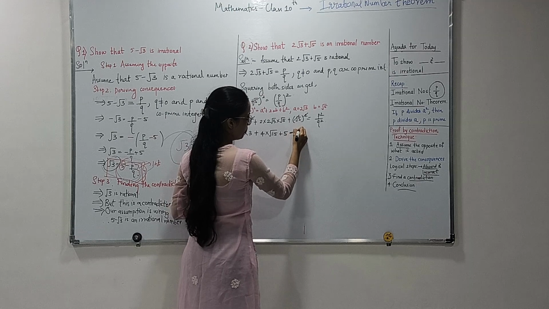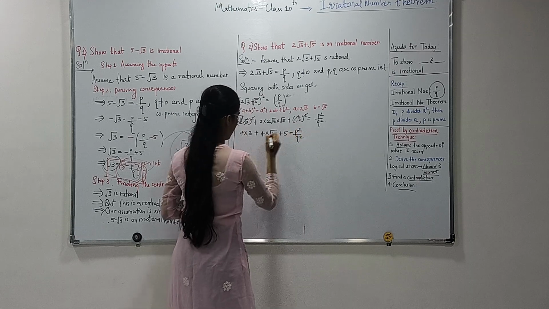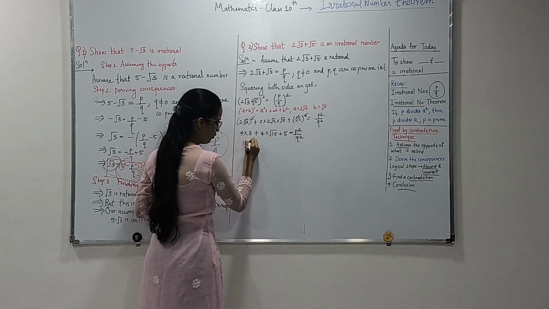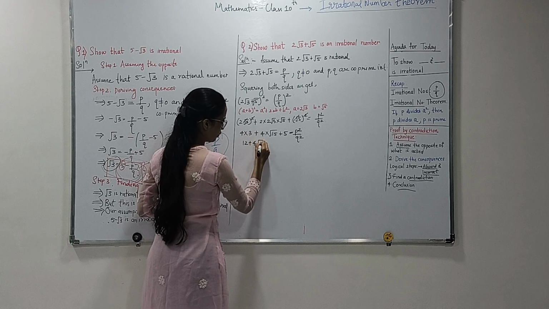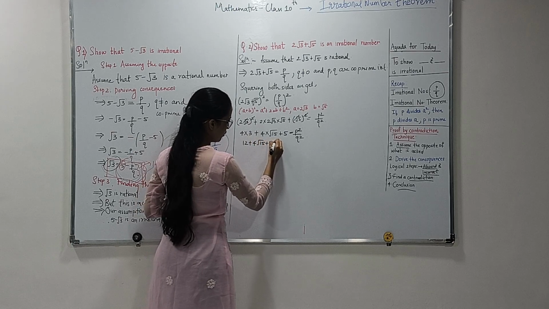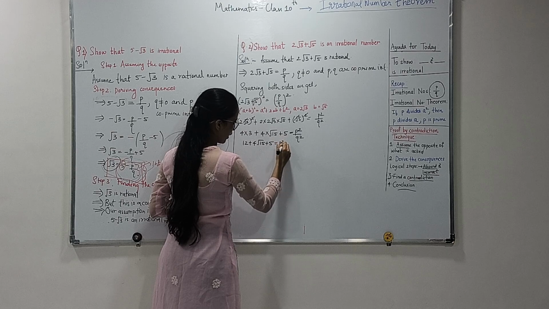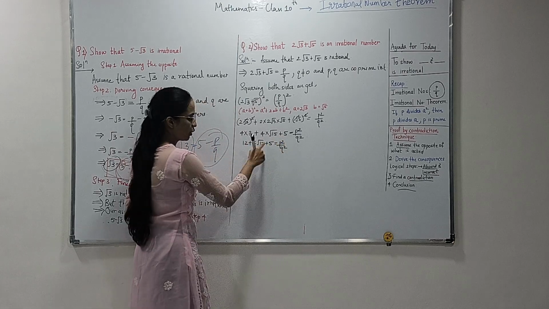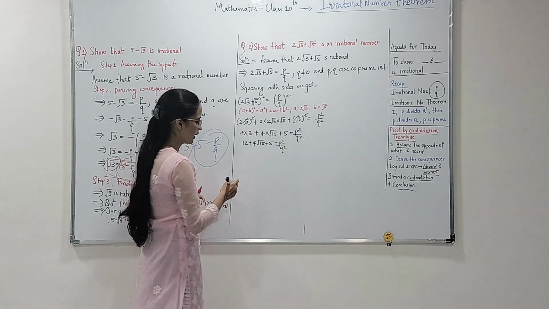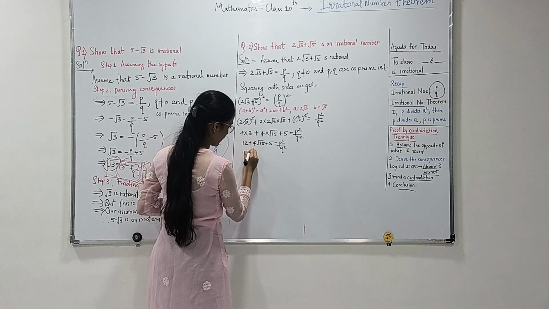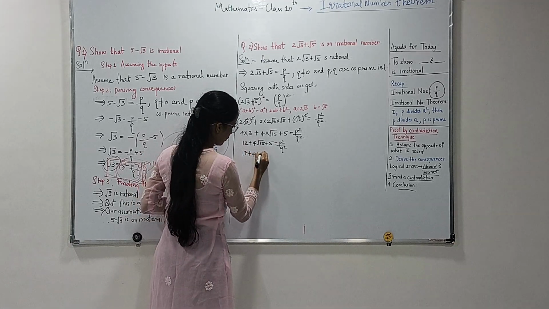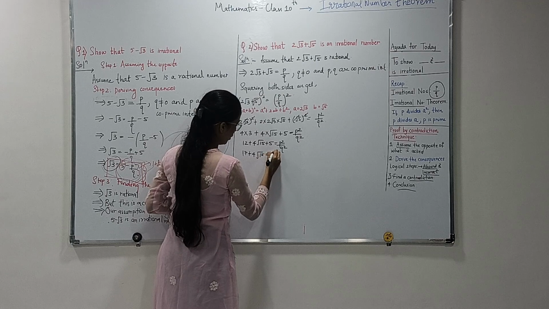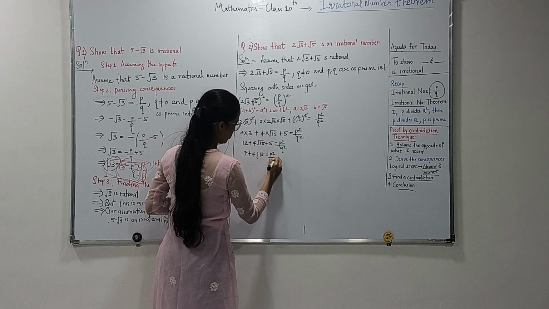This is equal to p square upon q square. Now 4 into 3 is 12 plus 4 root 15 plus 5 equals to p square upon q square. Now 12 plus 5 in this case is 17. So we get 17 plus 4 root 15 equals to p square upon q square.